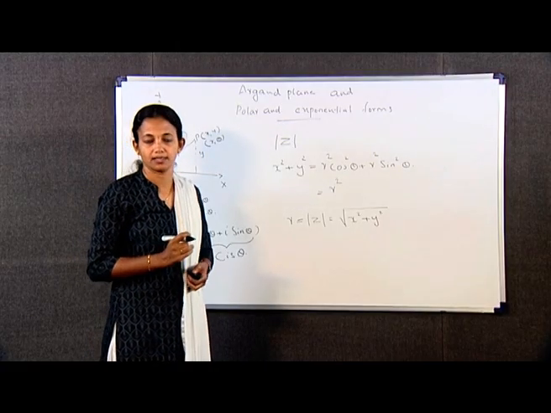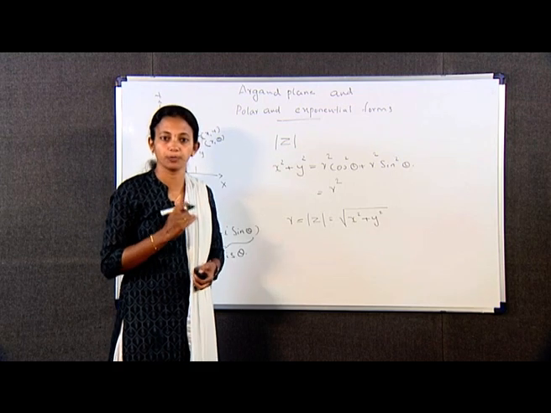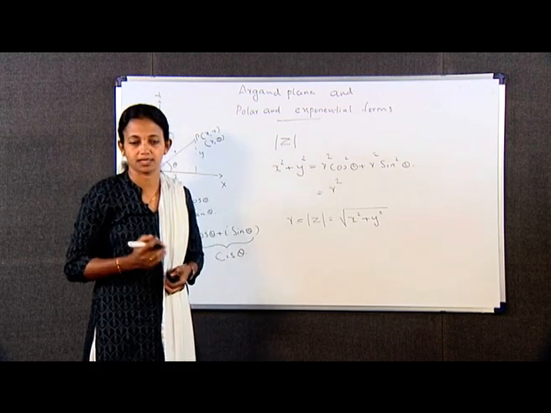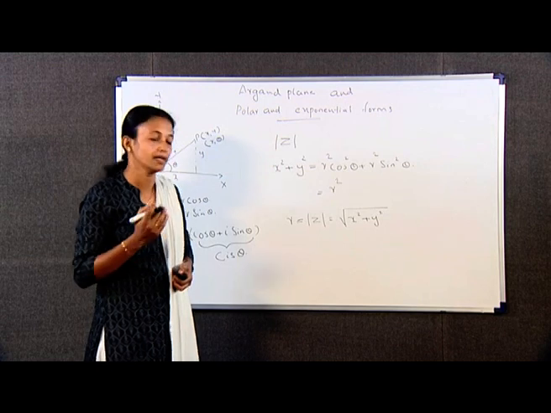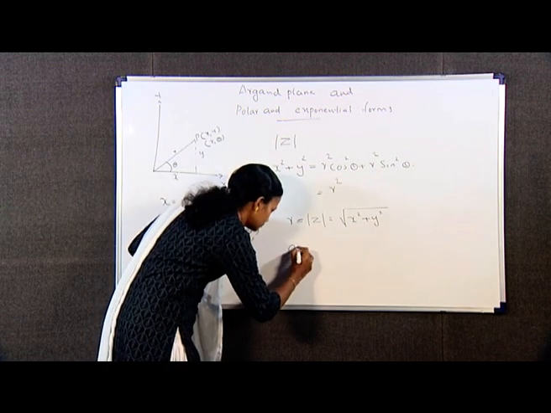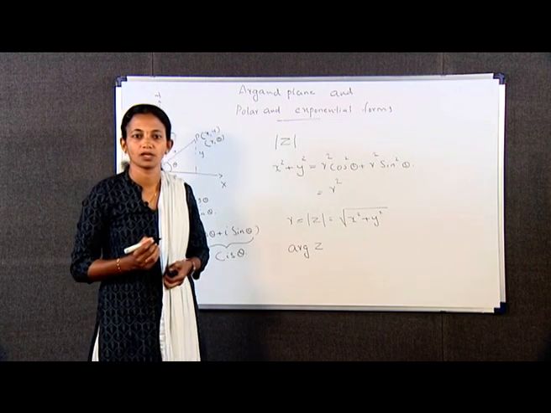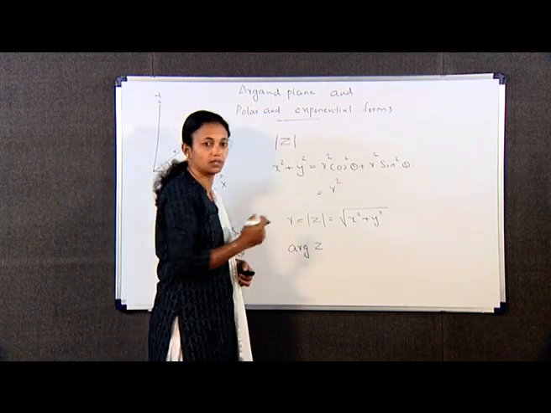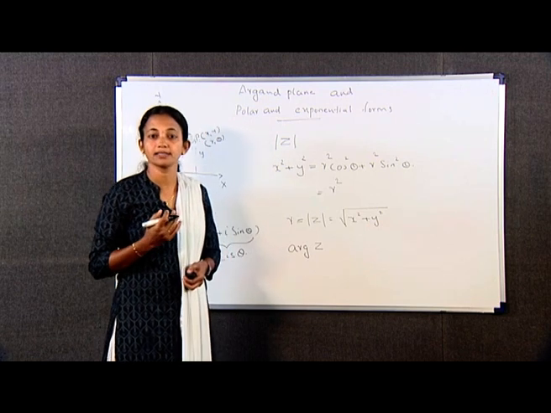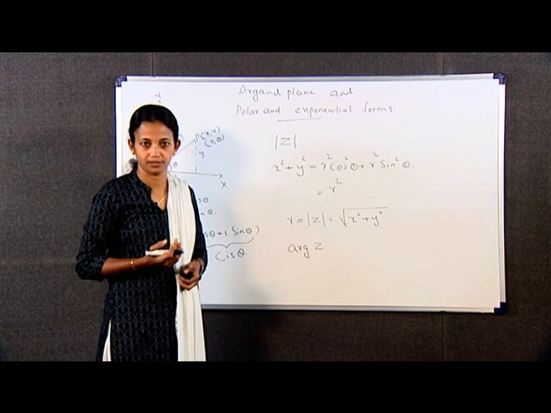The number theta is called an argument or amplitude of z, and we denote it by arg z. If z is equal to 0, the coordinate theta is undefined.